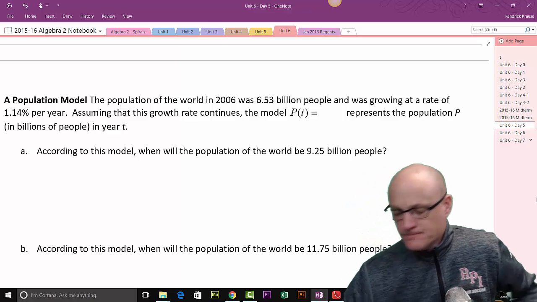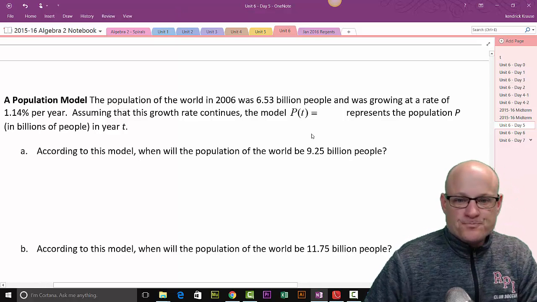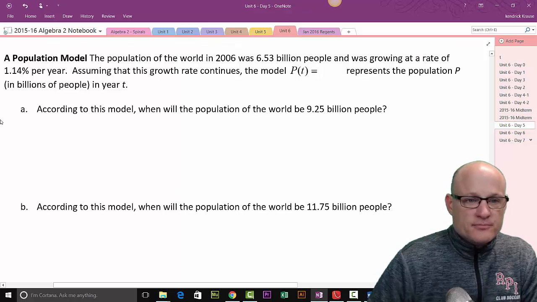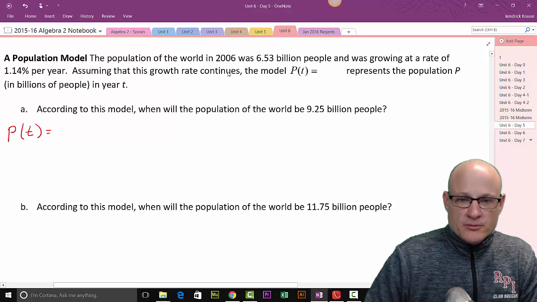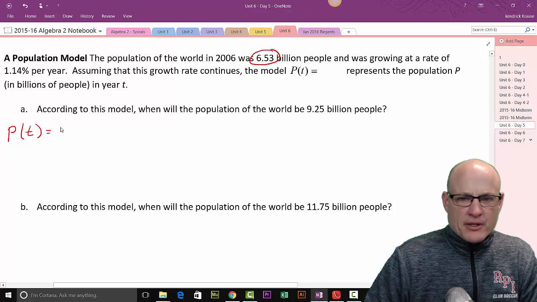So we're going to do the same kind of thing. We want to create the model P of t for population. So P of t is equal to, what are we starting with? This is world population, I'm assuming, right? Population of the world.